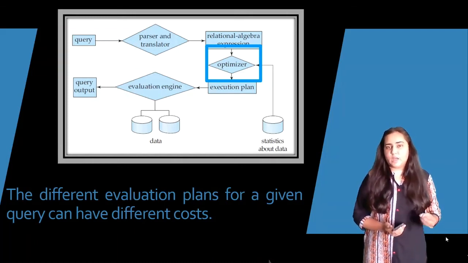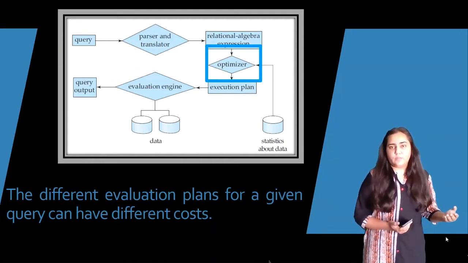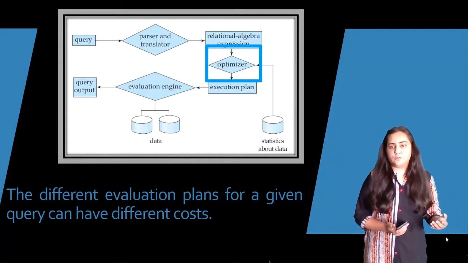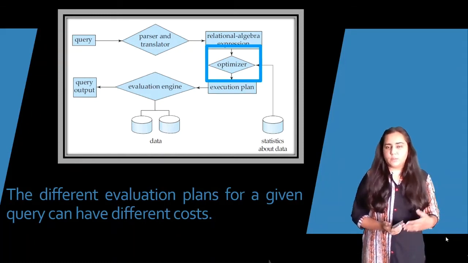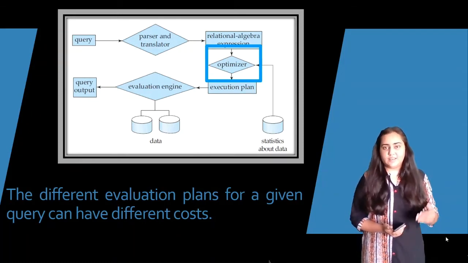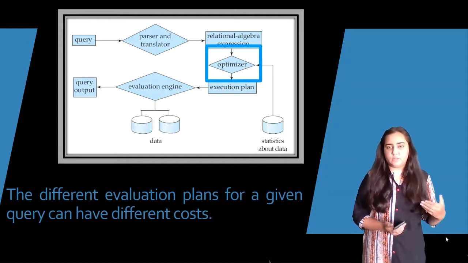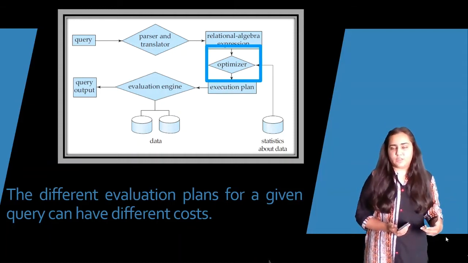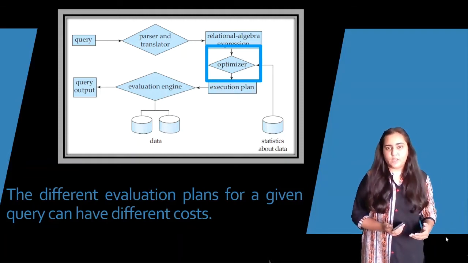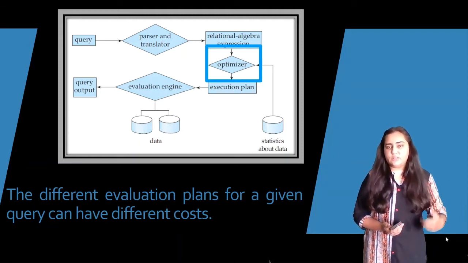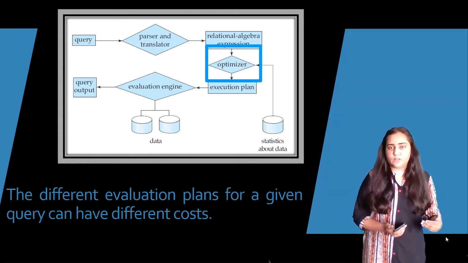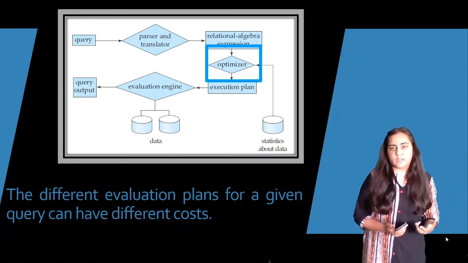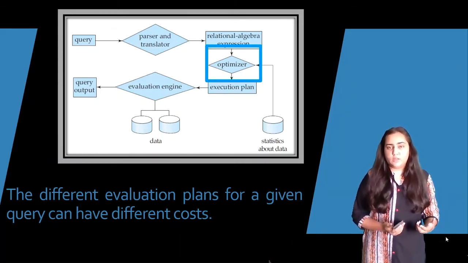And not just that, but how many data items that operation needs to read from the hard drive in order to perform that query. So some operations might need fewer data items to perform the same task, and so they have to read less from the hard drive and fetch less data from the hard drive. So based on all these things, the cost is decided for each and every query. So this is how evaluation is done.